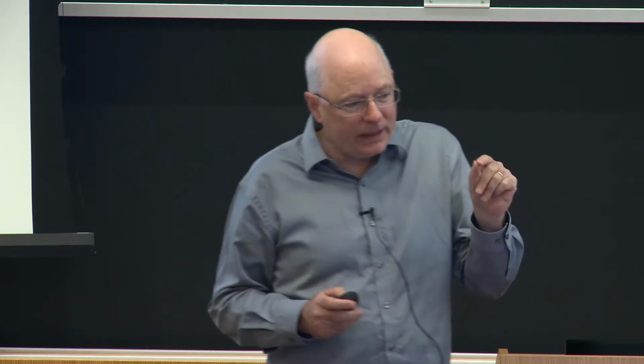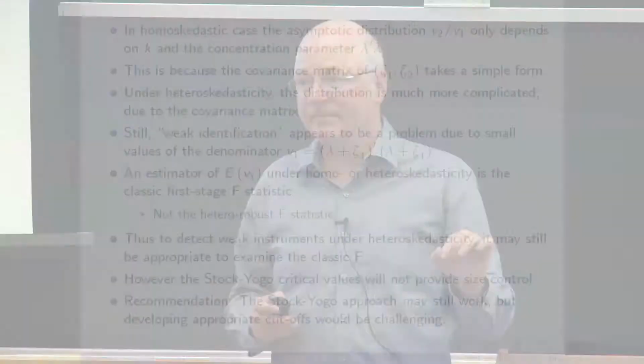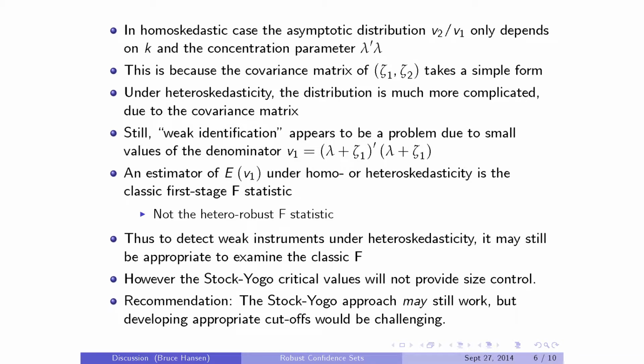Well, what does weak identification do for us? It's small values of the denominator. Okay, and that's intuitively, not mathematically quite right, but intuitively, it's small values of this V. So how can we think about V being small? Well, what's its expected value? How can we think about what the expected value is of this denominator? Guess what? It's the F-statistic.